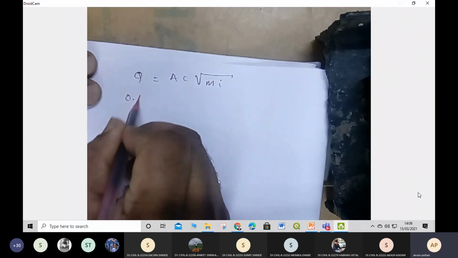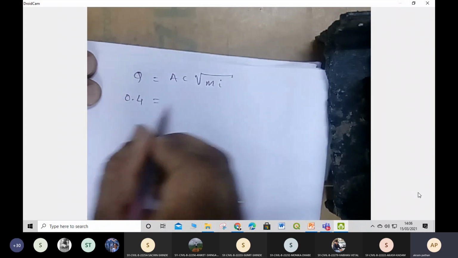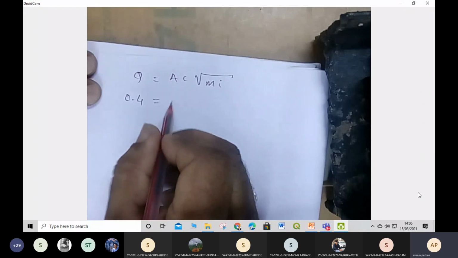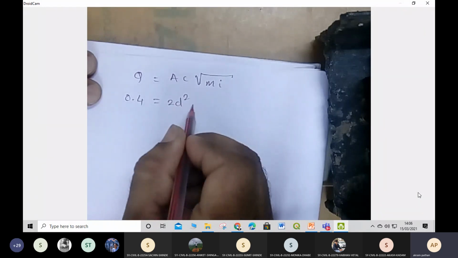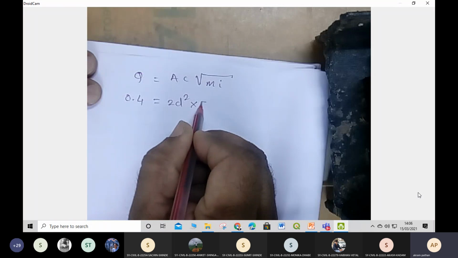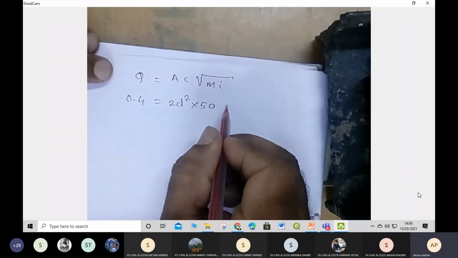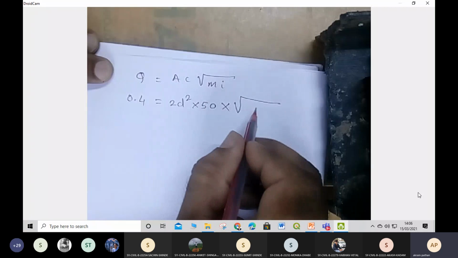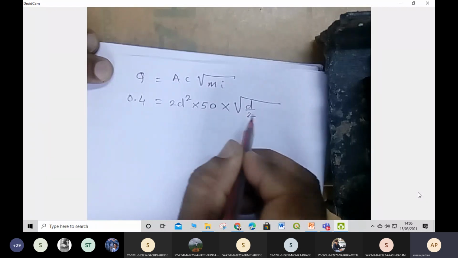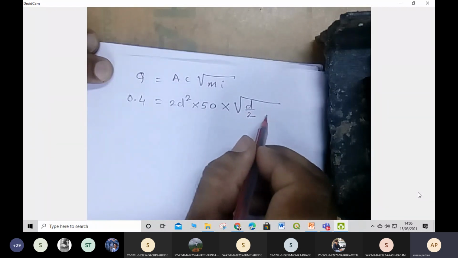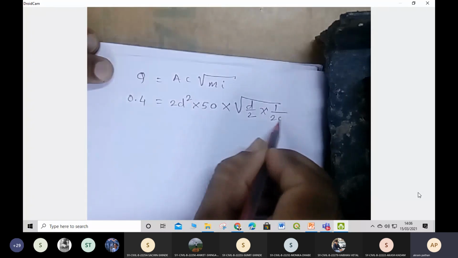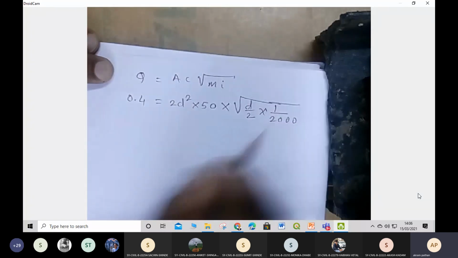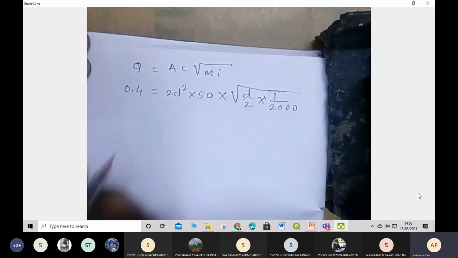So write down 0.4, the discharge which is given, area 2D square into value of C is 50, which is given in the problem itself, and what is this m? This is D by 2, half of the depth of flow, into i, which is given as 1 in 2000.